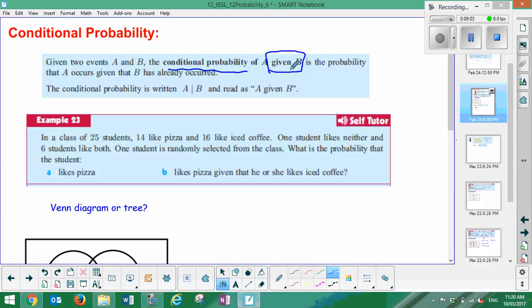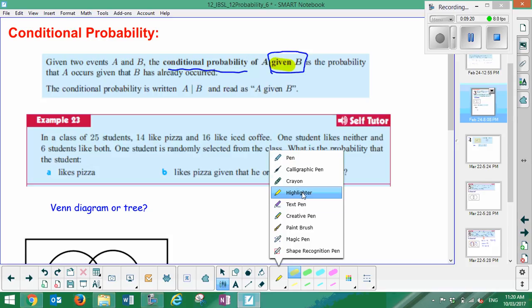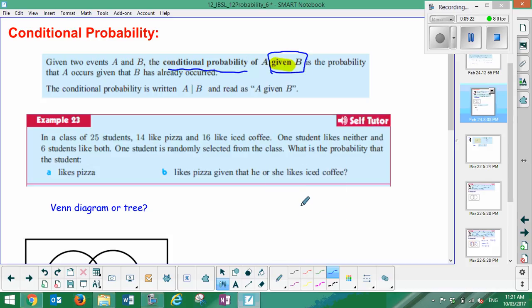So the giveaway word here is that, given. All right, so we're given A and B. That's the word we're always looking for carefully to see if that word is present. So that's your indicator that you've got a conditional probability.